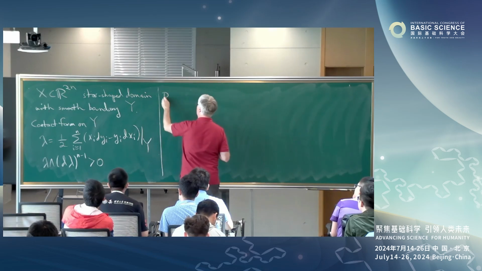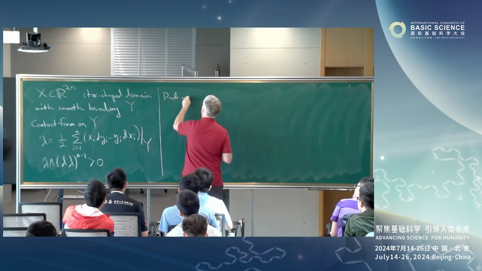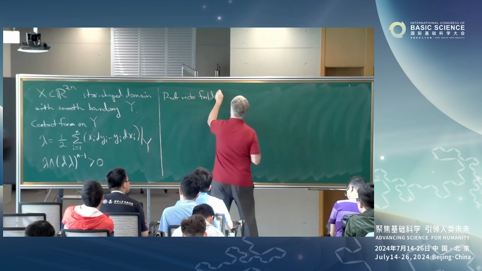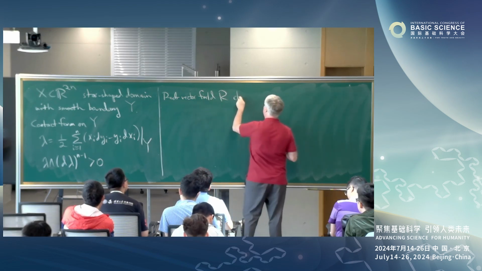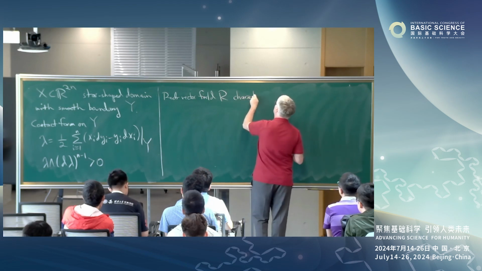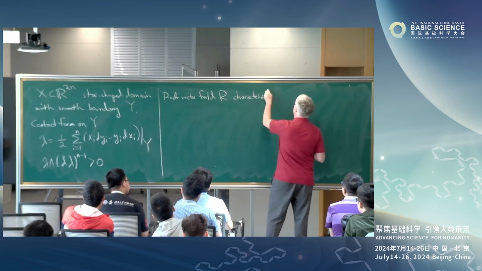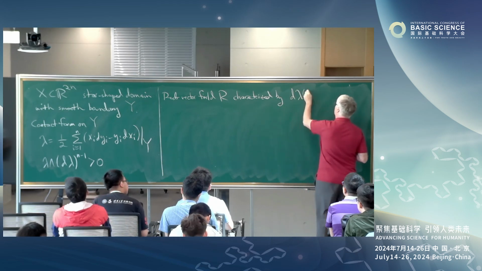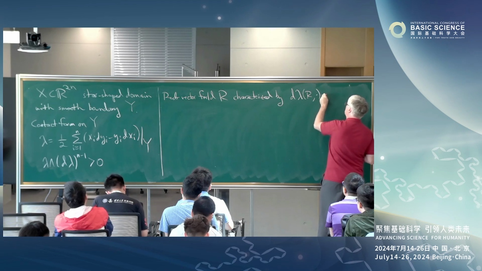And this determines the Reeb vector field. So it's characterized by d lambda of R comma anything is 0.